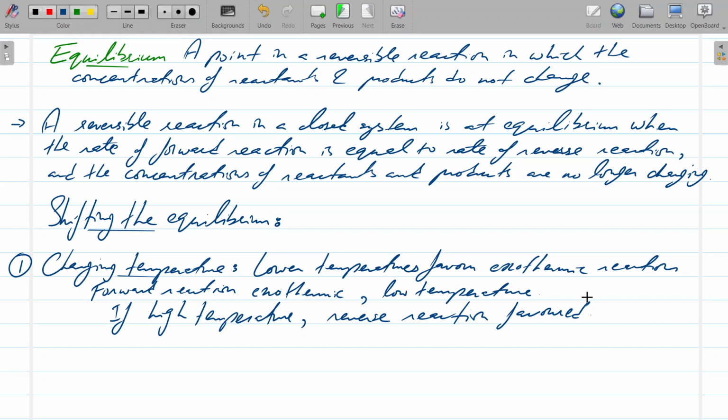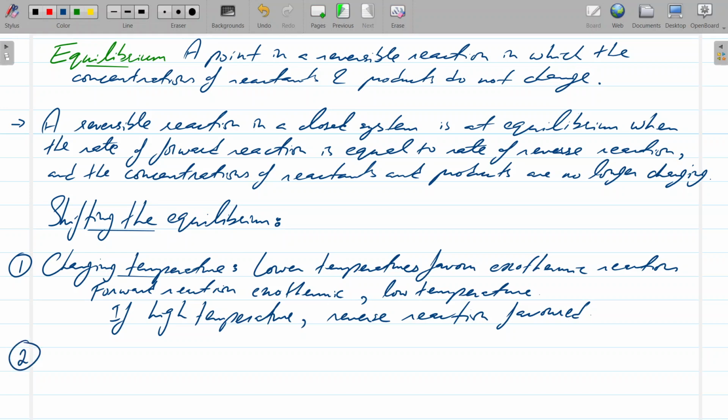Low by industrial standards, so 200 degrees or 250 degrees centigrade is low by industrial standards, where you have temperatures like 750 degrees centigrade.